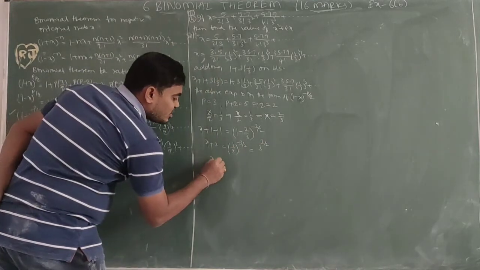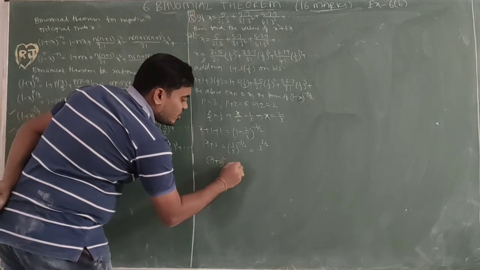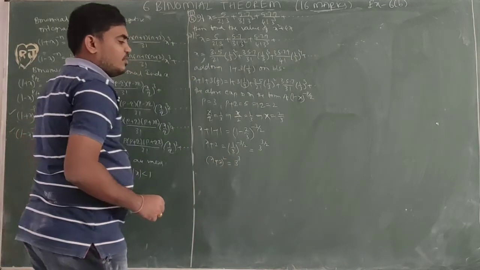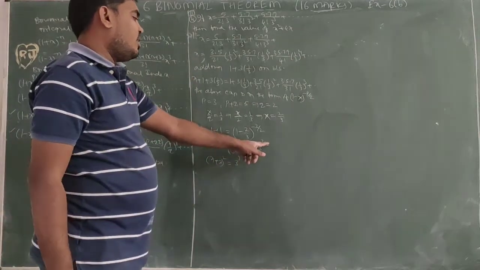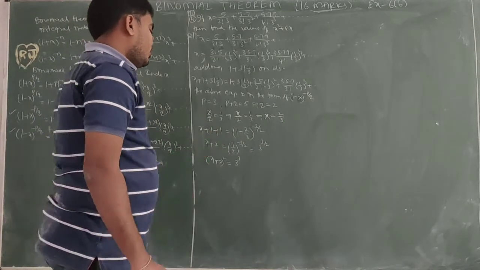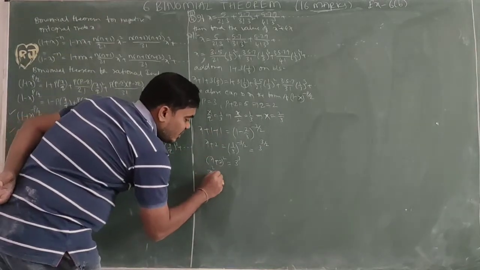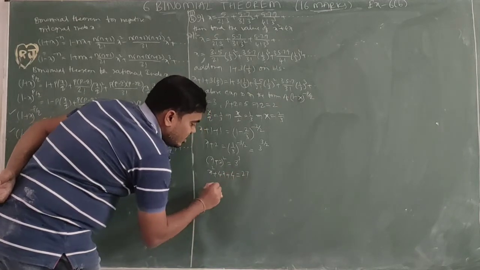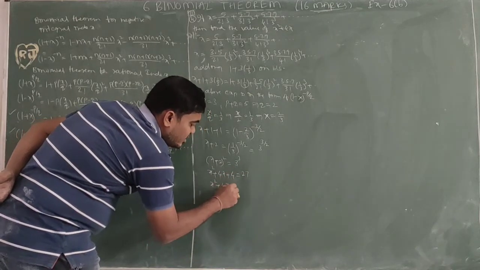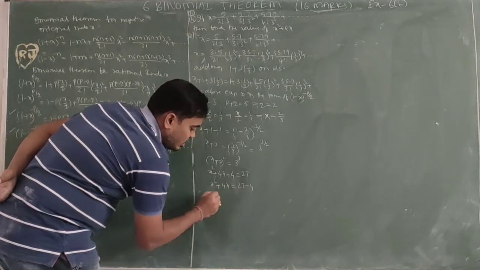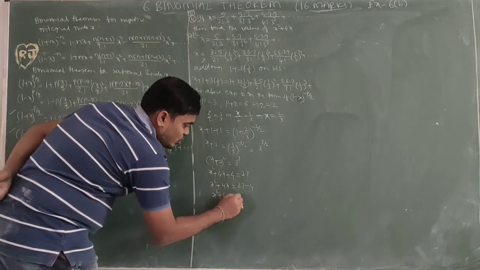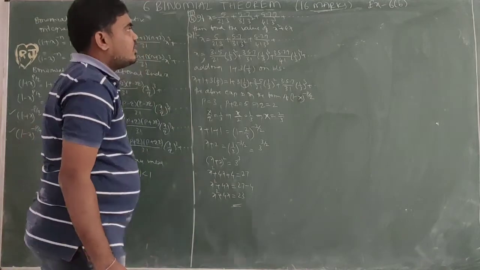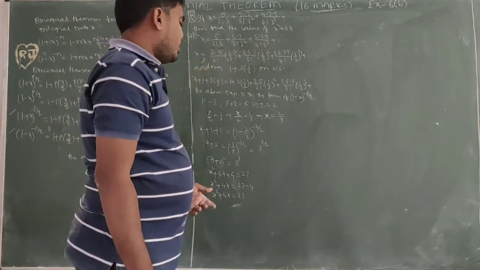So x plus 2, both sides square, equals 3 cube. So power denominator 2, raising power 2. So x square plus 4x plus 4 equals 3 cube, 27. x square plus 4x equals 27 minus 4. x square plus 4x equals 23. So we need x square plus 4x, we got 23.